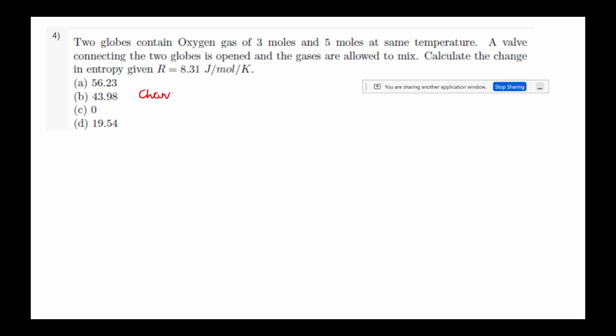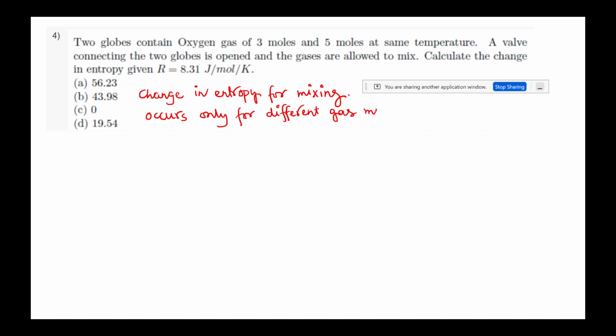Change in entropy for mixing occurs only for different gases.